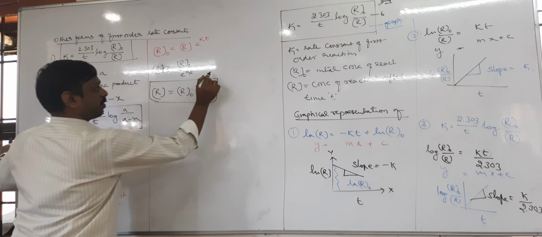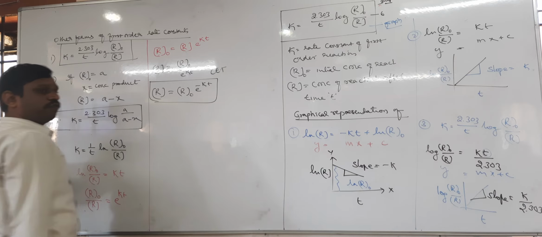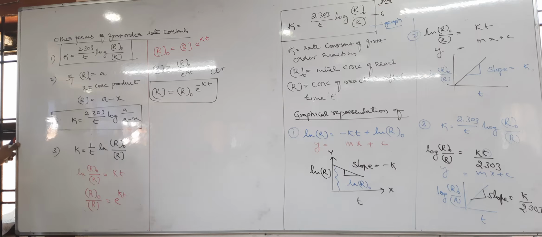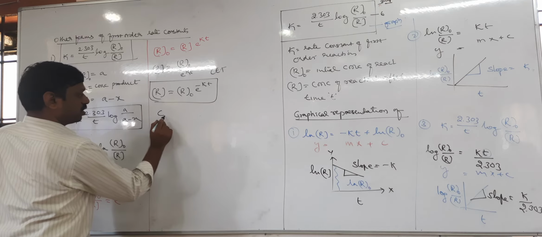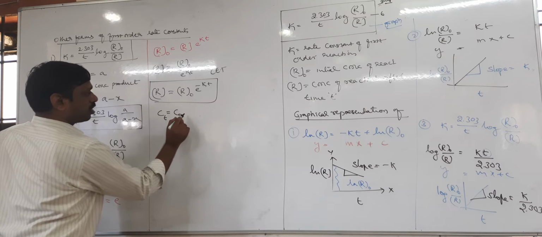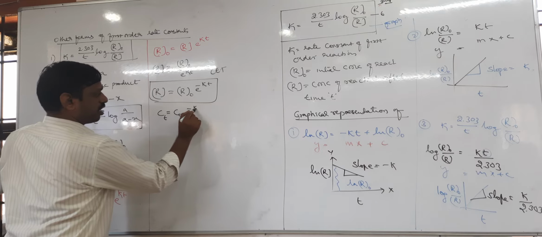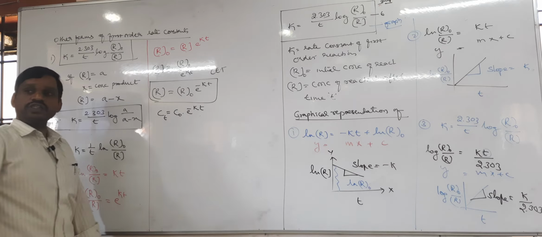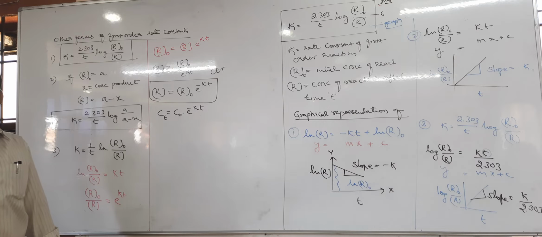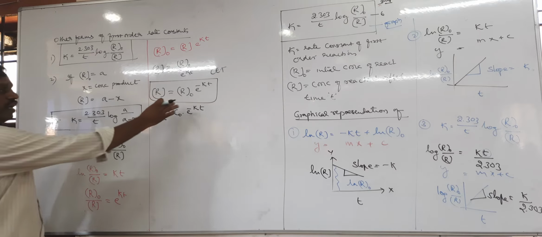This was a previous CET question: which of the following equations represents a first order reaction? r equals r naught into e to the power minus kt. The options are given in the form of C: Ct equals c naught into e to the power minus kt, where Ct is the concentration of the reactant after time t and c naught is the initial concentration.